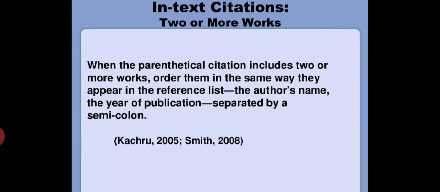When the parenthetical citation includes two or more works, order them in the same way they appear in the reference list: the author's name, the year of publication, separated by a semicolon. Here is an example. Kachru, name of the author, then comma, and then year of publication 2005. This is one work, and it is separated from the other work that is written by Smith in 2008, and a semicolon is used between them to separate them.